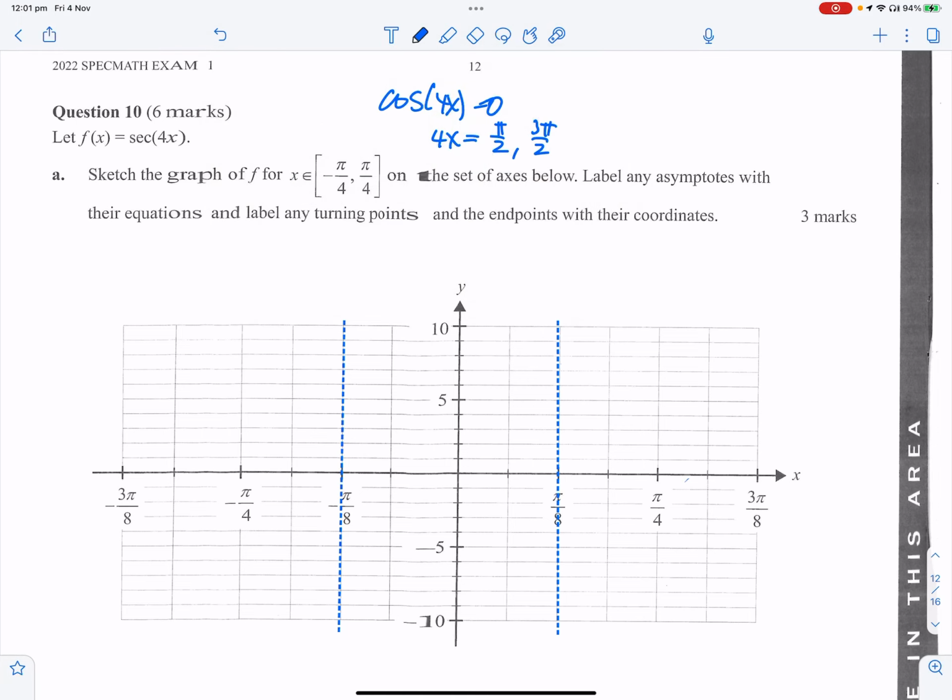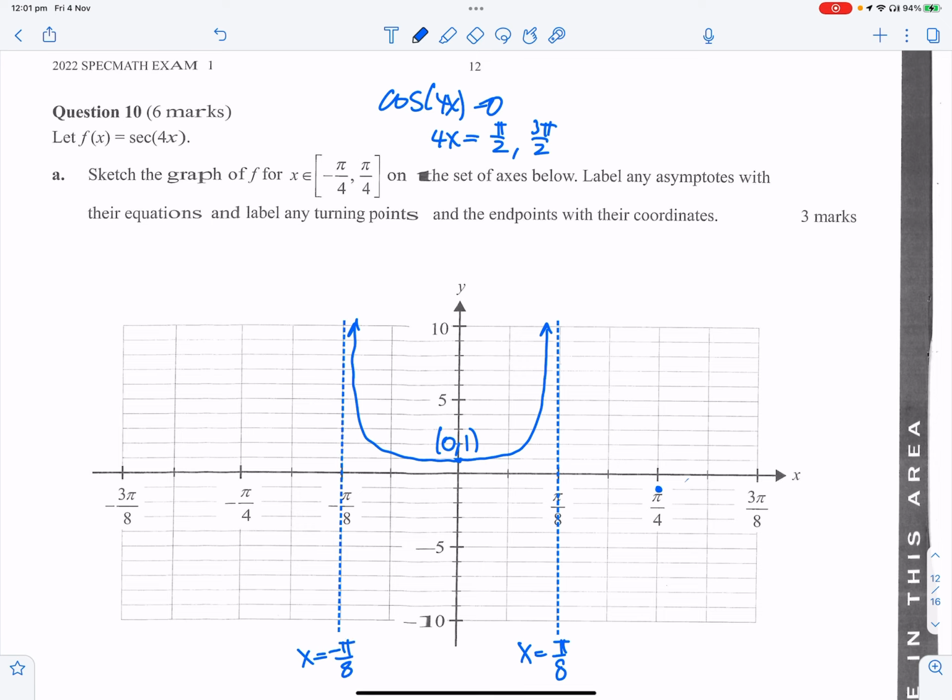Okay, it hasn't been dilated, so it's going through 1. It's going to look something like this, and something like this. And we know that's the point (0, 1). That's x is pi on 8, x is negative pi on 8.